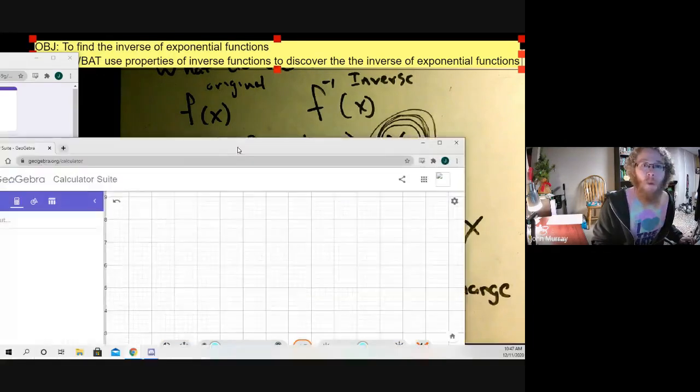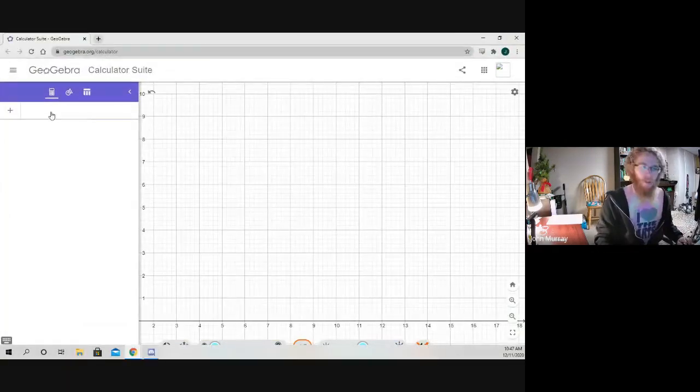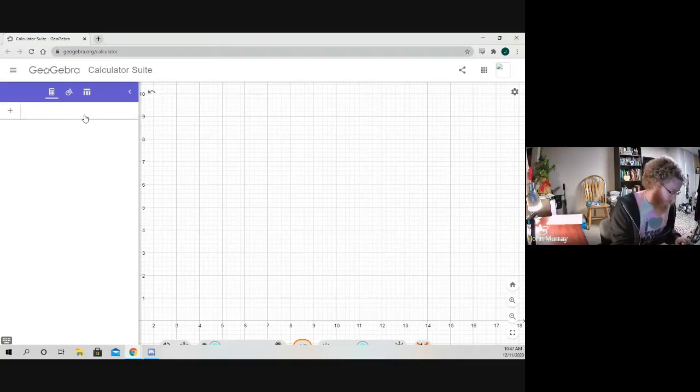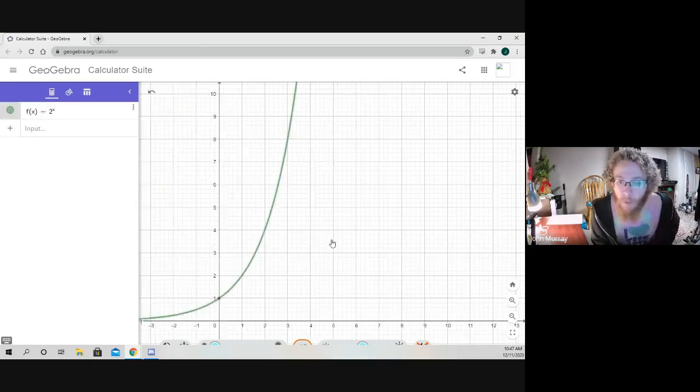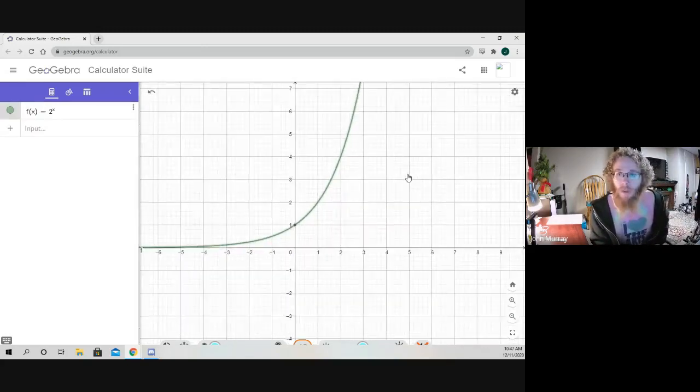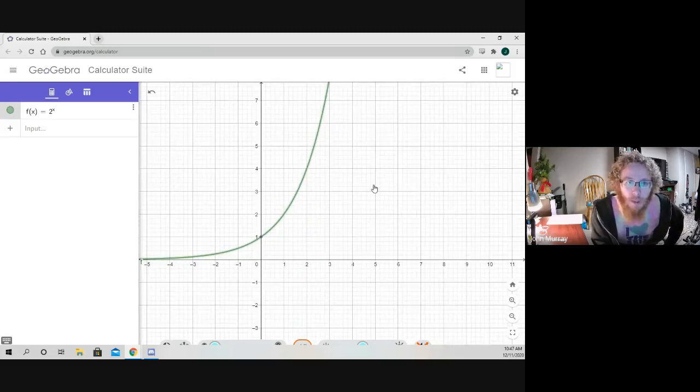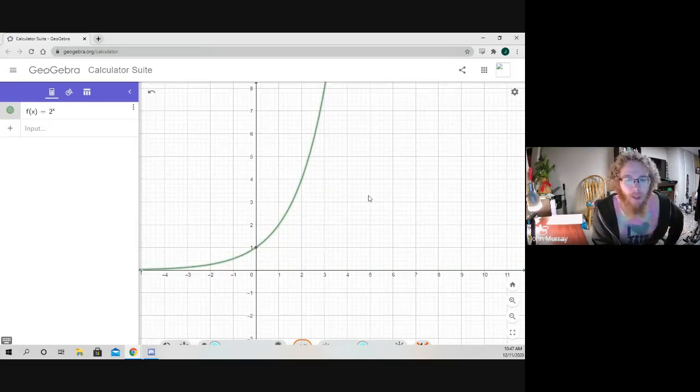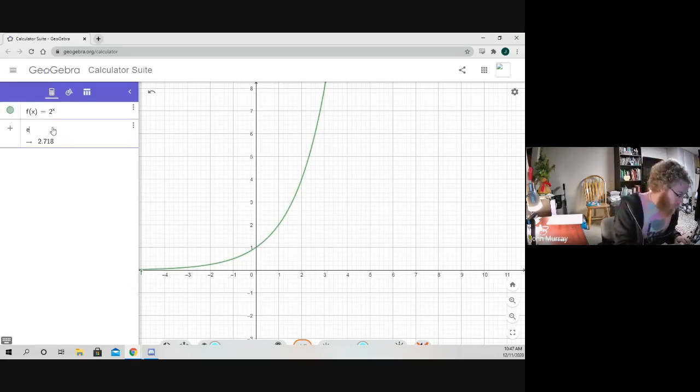So let's graph, yeah, let's pick a nice one. Let's do 2 to the x. All right, so here we have the function 2 to the x. I picked this one because we can get some nice clean numbers in here. Real quick, I'll show you e to the x.